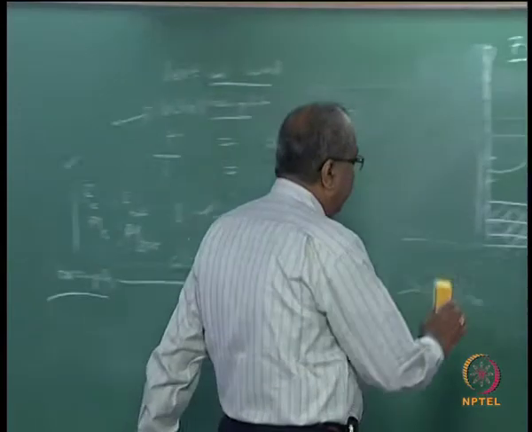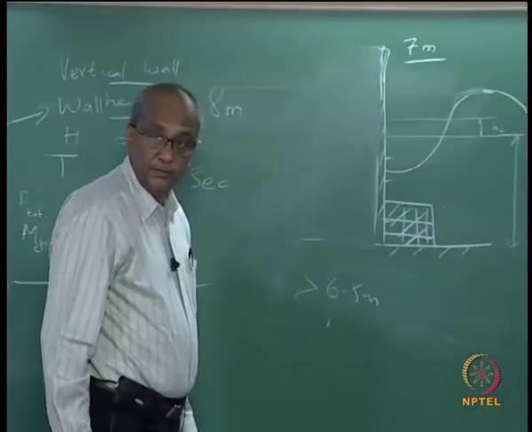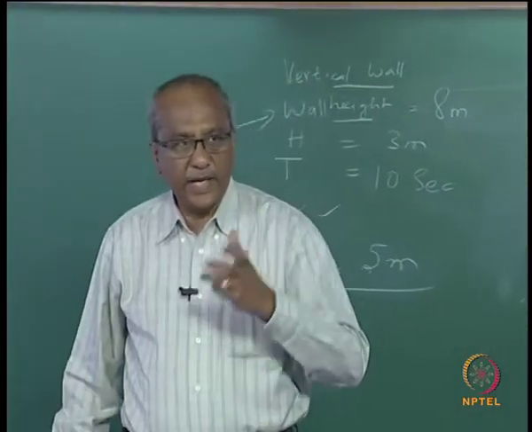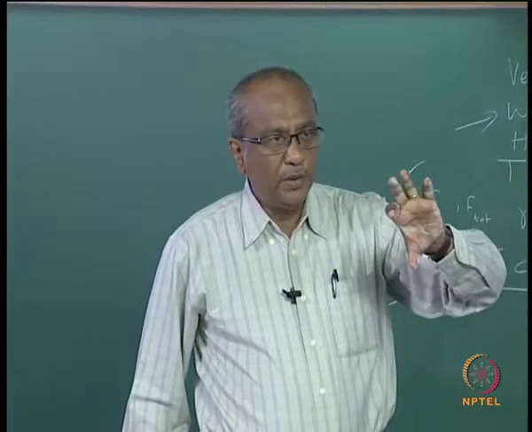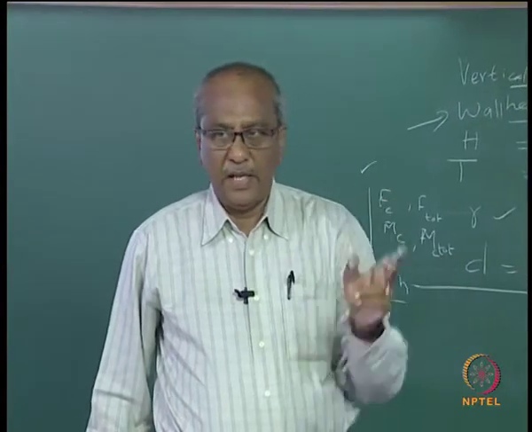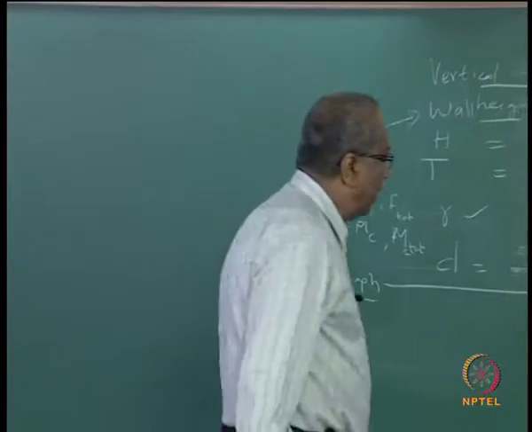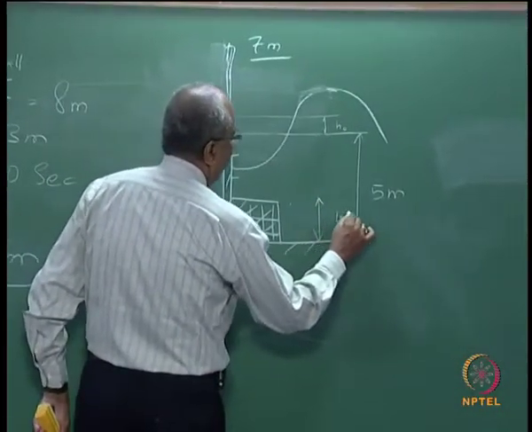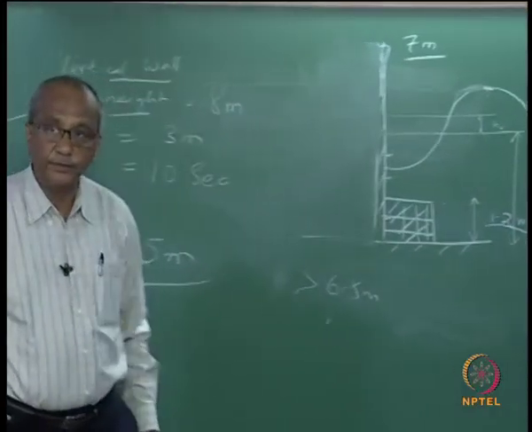Now I want to have some kind of protection for scour. What were the guidelines we have? Height of the toe should be 1 to 1.5 meters, and the width of the toe should be around 3 meters. So now I put a height of 1.2 meters, maybe to be on the safe side.